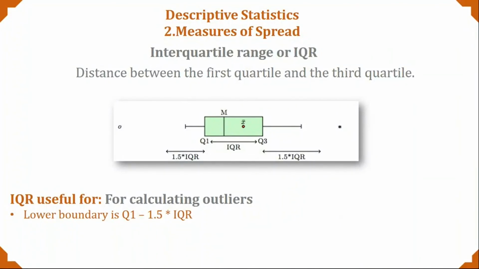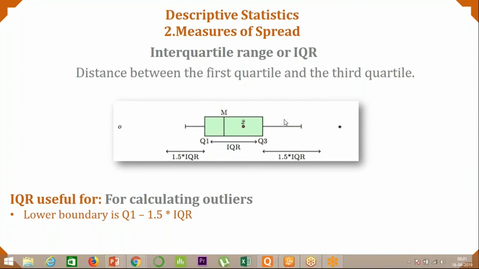Any guess? So we found out extreme low values. Then how to find out the extreme high values? Anyone? Just by 1.5 Q3. Okay, Q3 minus. So Mahesh, yes, Q3 not minus, but it should be plus, obviously, right?